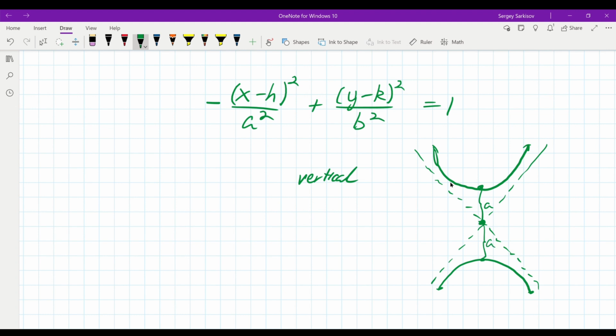Now if you go B horizontally, you get those locations for where you would have to draw these slant asymptotes. Slant asymptotes pass through the diagonals. So this is 2A, and this right here is 2B. Okay, everyone? And so that's the idea.